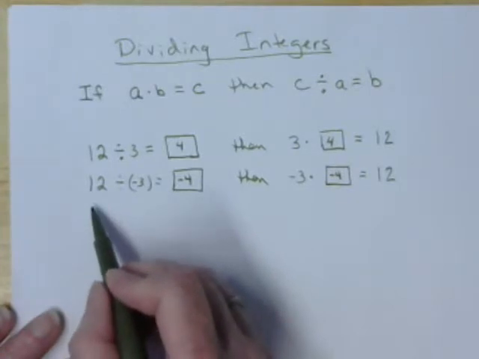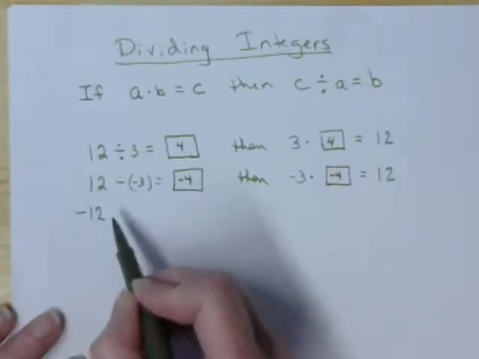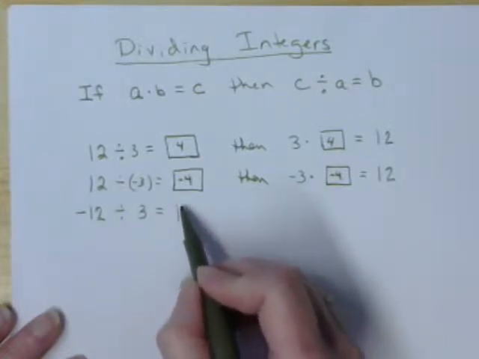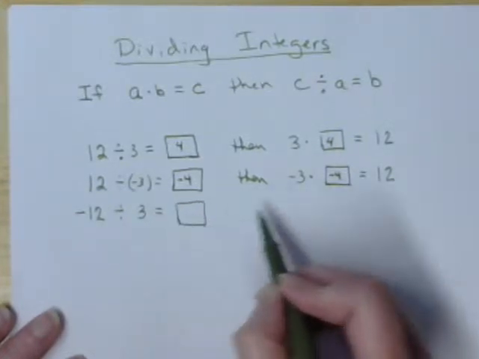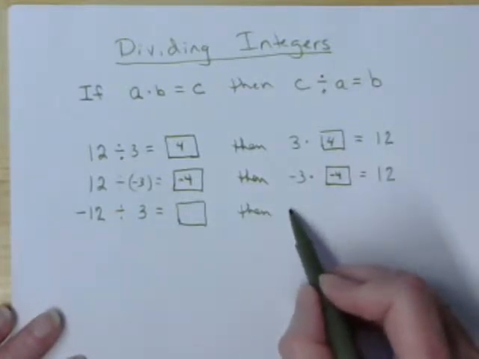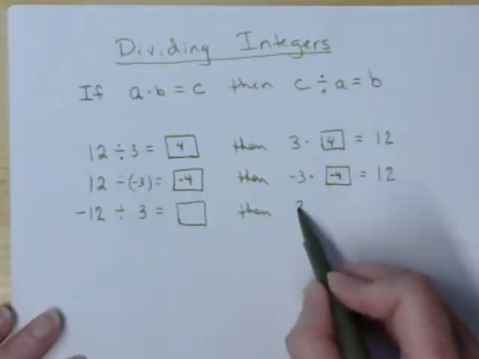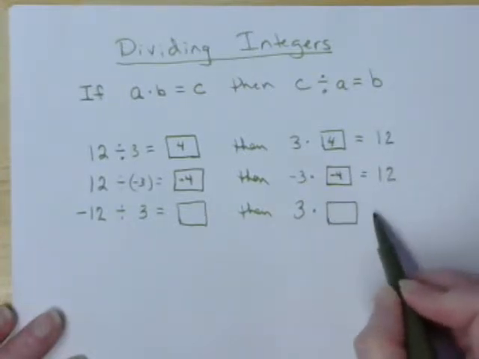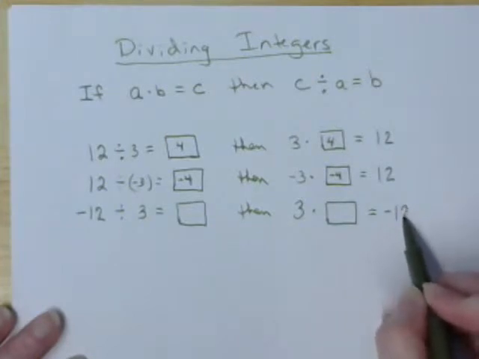All right, now let's suppose that our dividend is negative. Let's take negative 12 divided by a positive 3. What could that be? If I take a positive 3 times some quantity, how will I make that turn out to be a negative 12?